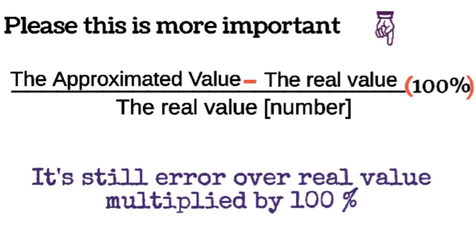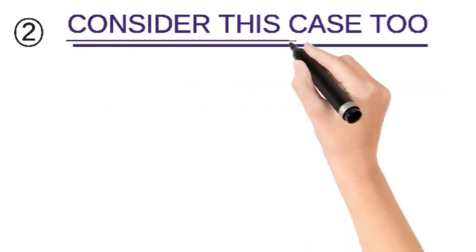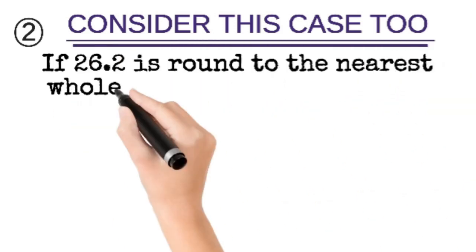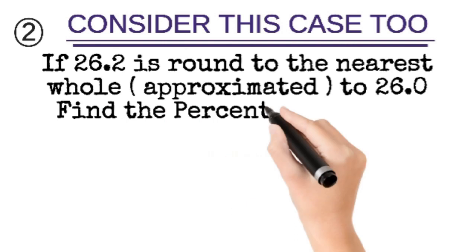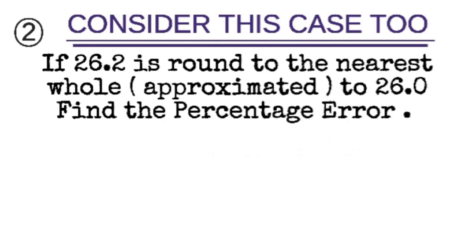And we are moving on to the second case. There are two different cases. This is case 2. If 26.2 is rounded to the nearest whole, let's say it is approximated to 26.0, find the percentage error.